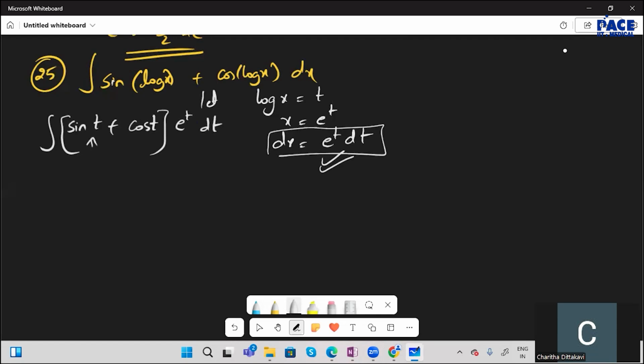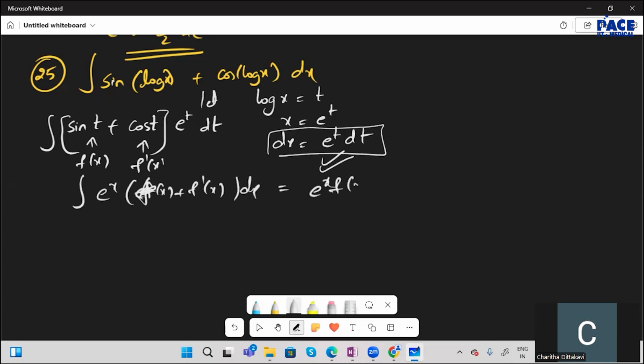So when this is your f of x, is this automatically turning out to be f dash of x? So the integration of e power x into f of x plus f dash of x dx is nothing but e power x into f of x plus c. So please, every time keep writing the formula so that you remember it well.